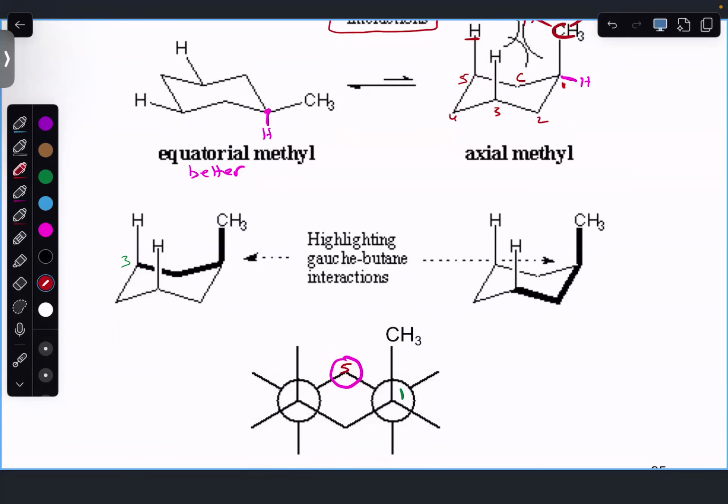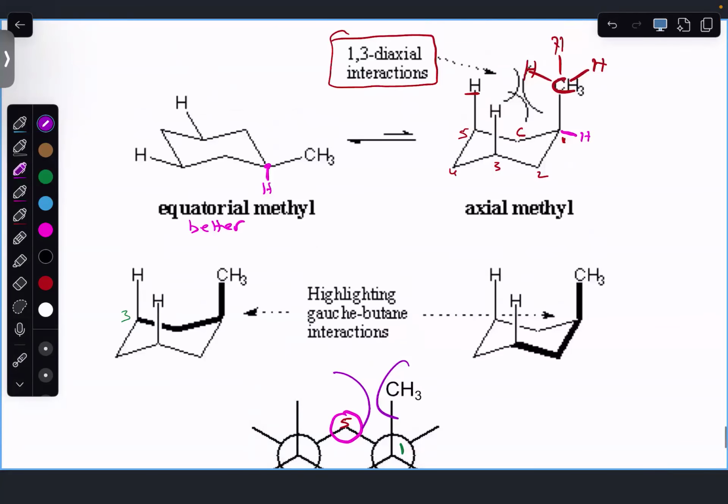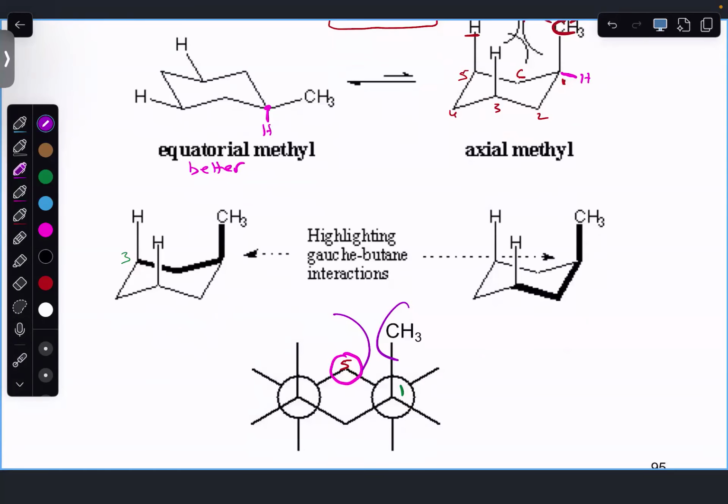That's a CH2 group. This has a methyl 60 degrees from that ring carbon. That 60-degree interaction is a gauche interaction. So not only do you have the destabilizing 1,3 diaxial interactions, but because this methyl group is 60 degrees from that ring carbon, that's also a gauche interaction, which is also destabilizing. The bottom line is, it is a lot better to have equatorial large substituents than axial large substituents.